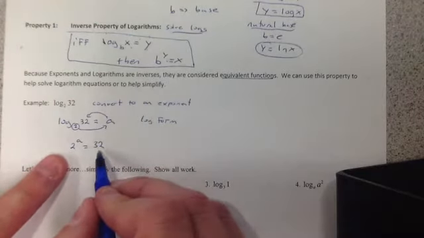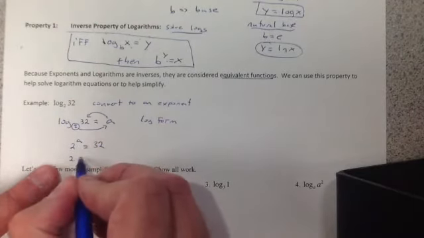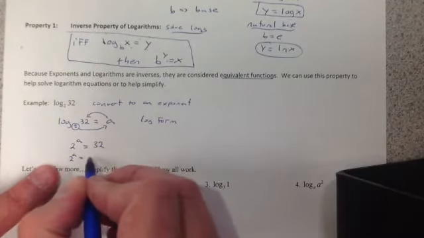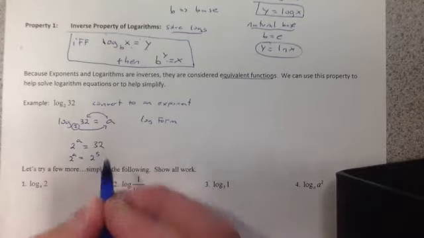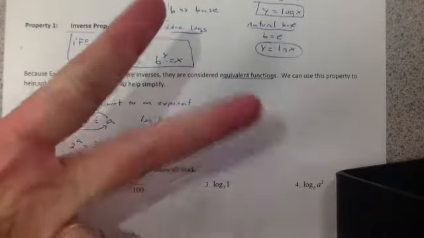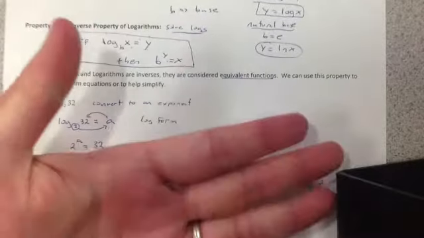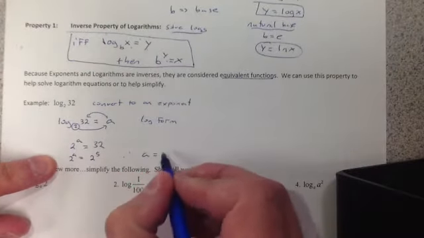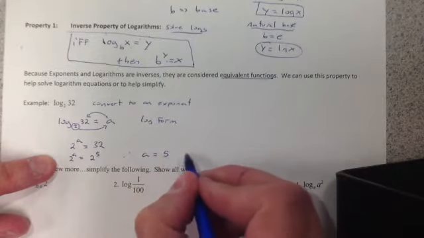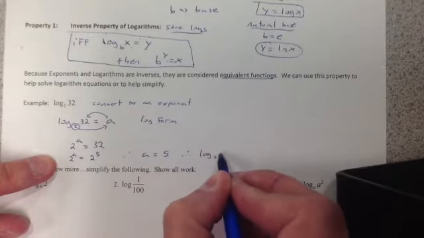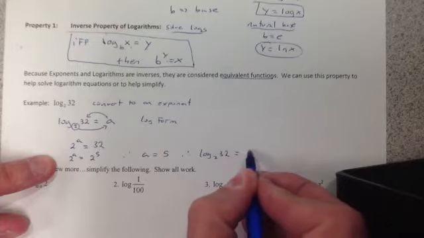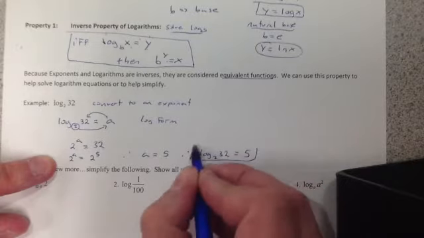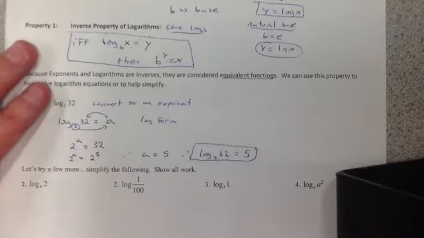And now, hopefully, we remember, we can actually solve this one because 32 is just 2 to the 5th. Let me check that out: 2, 4, 8, 16, 32. Yep. So therefore, we know A is 5. And as a result, the log base 2 of 32 equals 5.